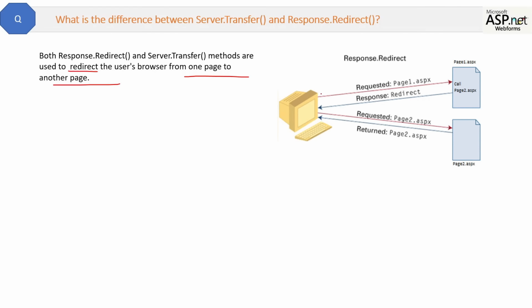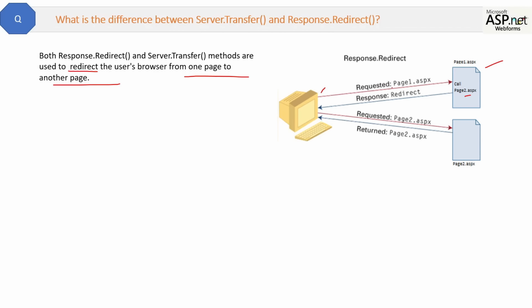Suppose a client sends a request for Page1.aspx to the server. This is Page1.aspx present on the server. Now inside Page1.aspx, after some logic has happened, it has to be redirected to Page2.aspx on some condition.